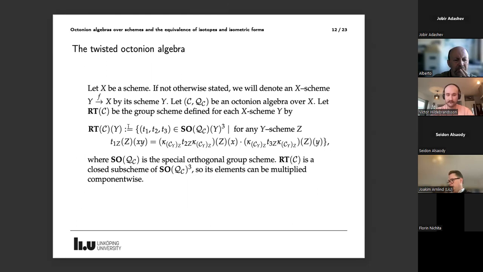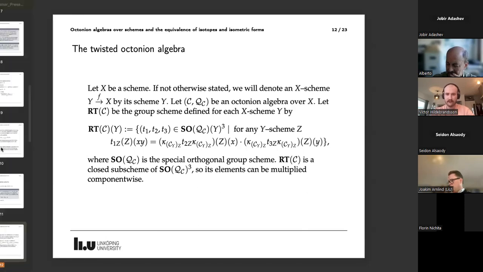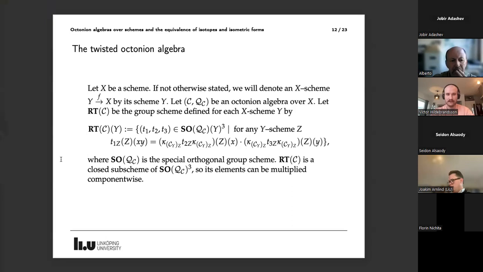And these triples are elements in the special orthogonal group scheme. And in fact, this group scheme RTC is a closed subscheme, so we can just multiply all our elements component-wise.